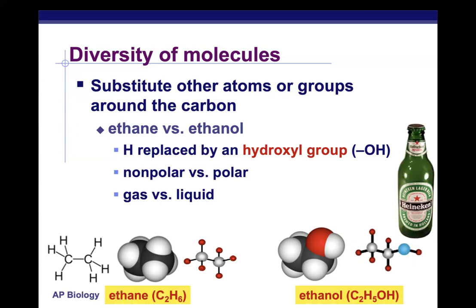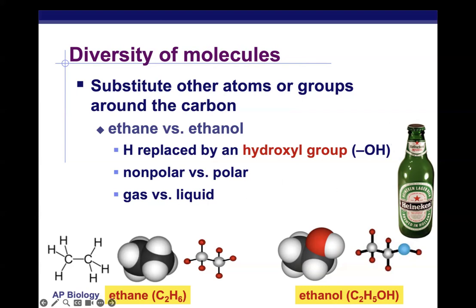There is a large diversity of organic molecules that we can create just by substituting different atoms or groups around a carbon. So, for example, here's ethane, C2H6, and here's ethanol, C2H6O. So we've added an oxygen and we've converted ethane to ethanol, which have two very different properties.